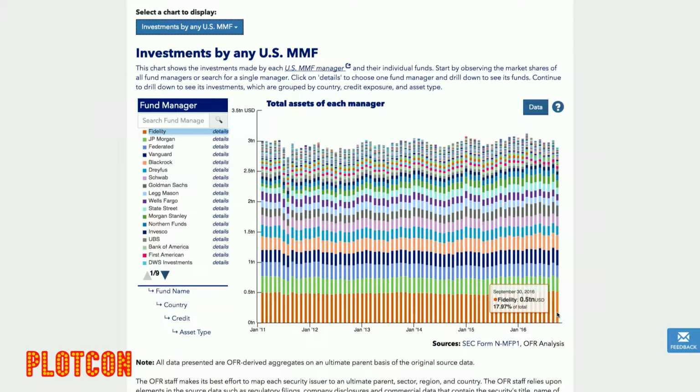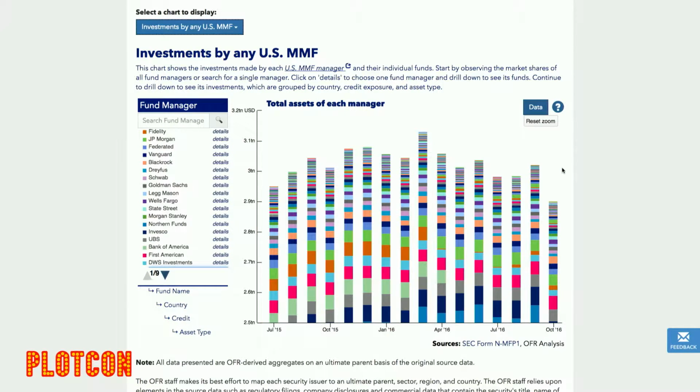With the tooltip, you can explore as you move across the chart, and the tooltip will follow the navigation panel on the left. You can see that Fidelity is the largest fund manager with about $500 billion in assets, roughly 18% of the entire industry. You can also zoom into the smallest funds as well, just to get some more granular level detail.